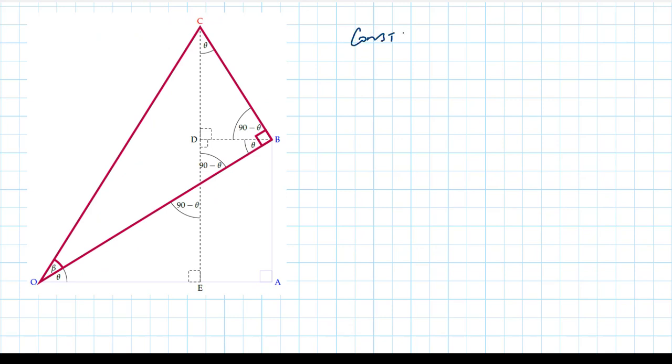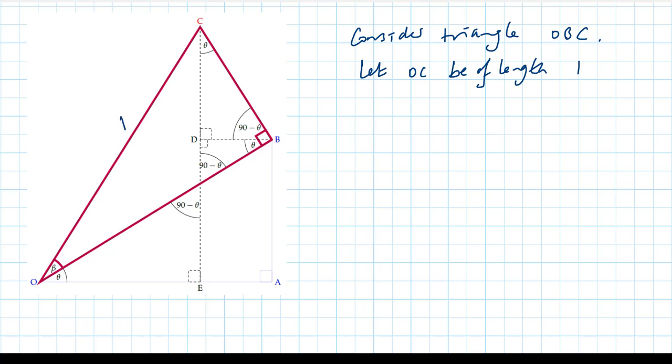Now we're going to break it down into individual triangles. So consider this triangle here, the triangle OBC. By using trigonometry and by defining the length of OC as 1, we're able to get a value for the lengths OB and BC.